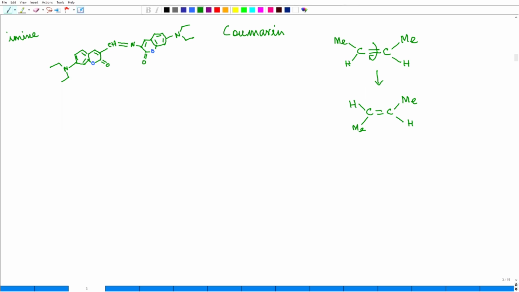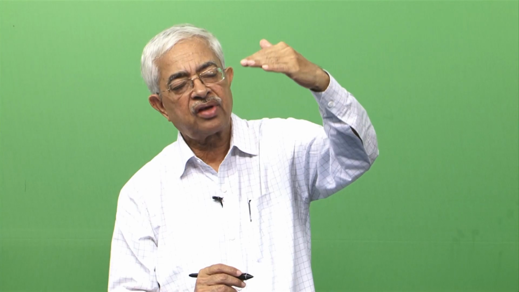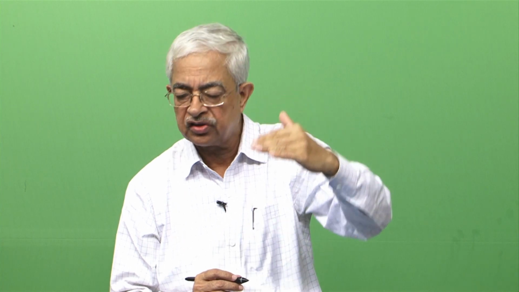In this particular case, it comes to the ground state by way of rotation along this bond. It becomes a single bond momentarily, and then it can rotate. All these things, double bond to single bond and rotation, require energy. Where will this molecule get energy from? From the excited state. So, excited state energy is now transferred.